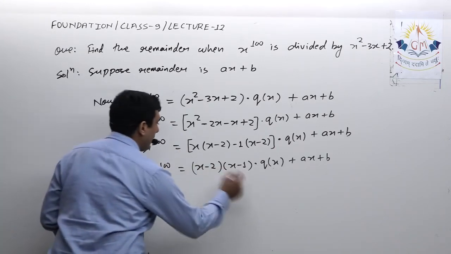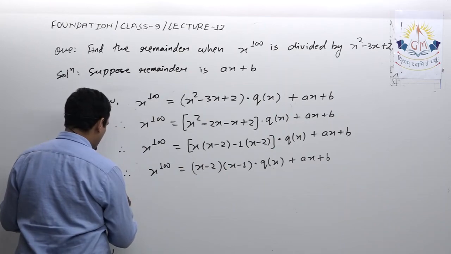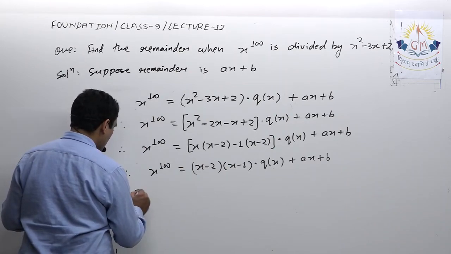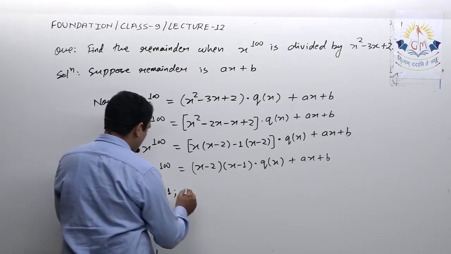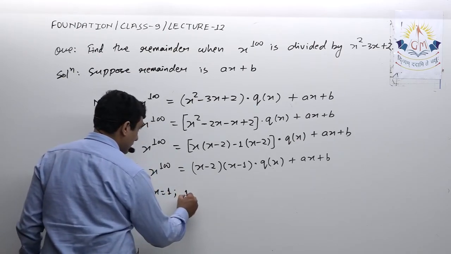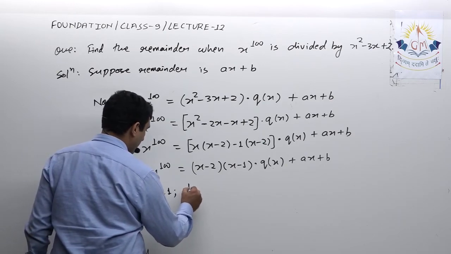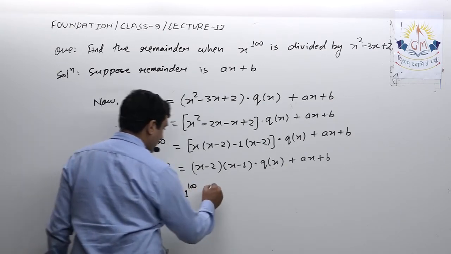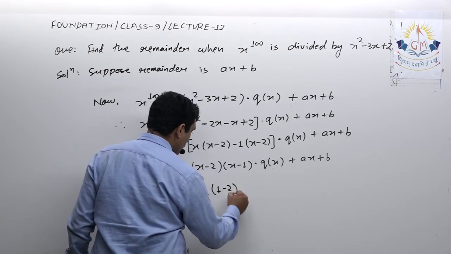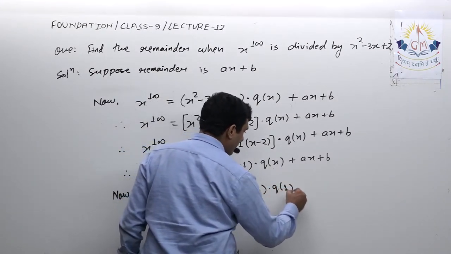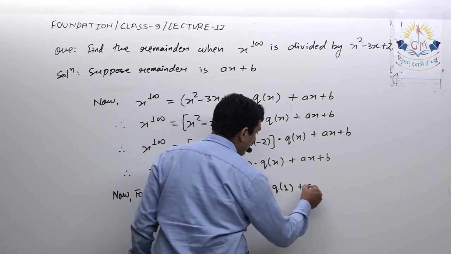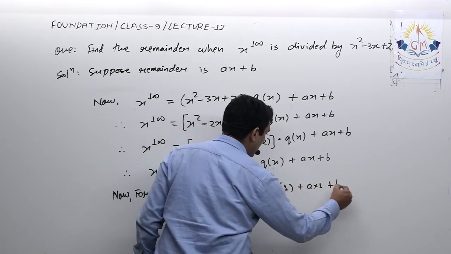So now I will take x equal to 1. For x equal to 1 I can write 1 raised to 100, equal to 1 minus 2, 1 minus 1 into q of 1, doesn't matter whatever it is, plus a into 1 plus b.